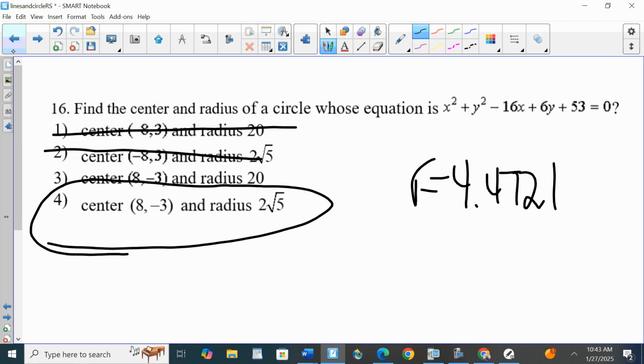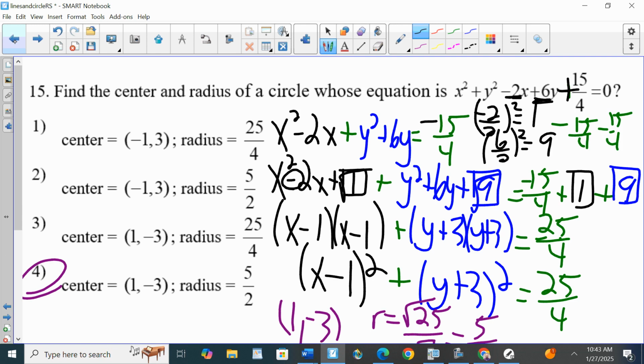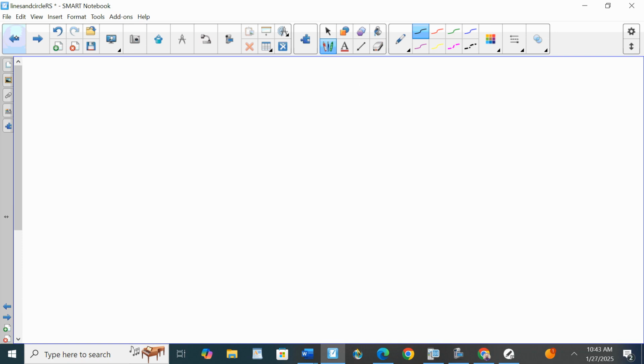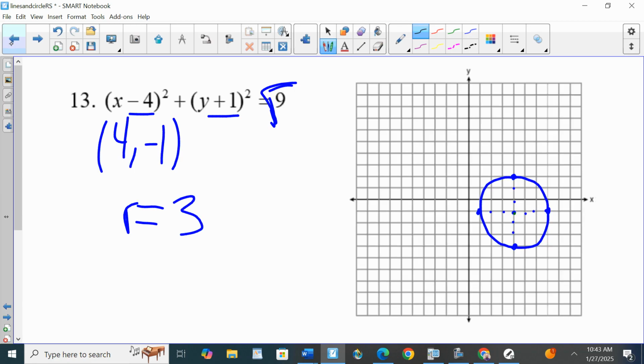Completing the square will work 100% of the time. Conics will work usually. Conics will not get you all 4 points on your 2 2-point questions. Completing the square will. To graph the circle, state the center and the radius by negating what's in the parentheses for the center, square root of the right-hand side for the radius, plot the center, count the radius in all 4 directions.